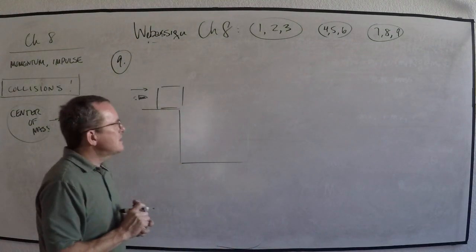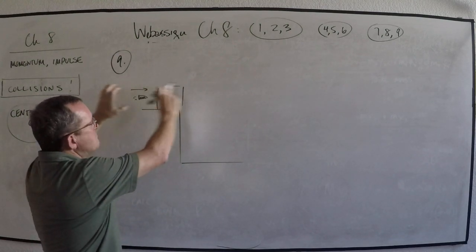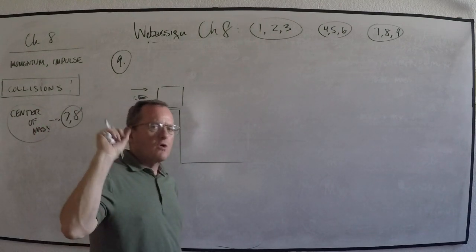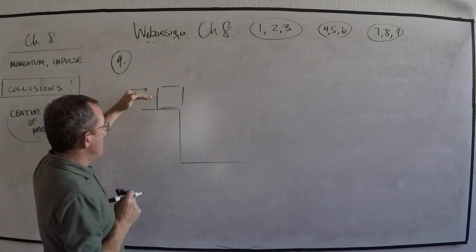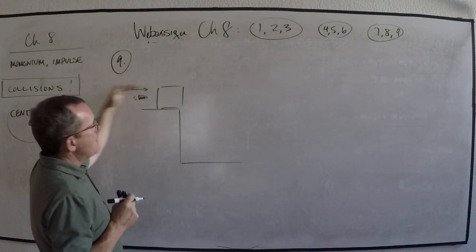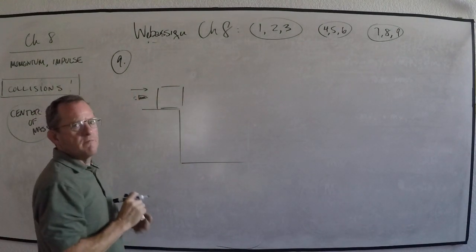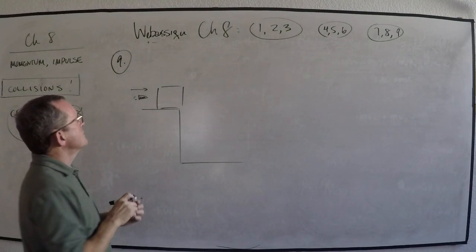So, to qualify as a collision, the 2 objects, when they collide, they have to both be free to move in response to that collision. That's what qualifies a collision. This bullet, free to move, right? The block, free to move. This is a collision, just like our train cars, just like the blocks in problem 4, just like the sticky clay in the block. Those all qualify as collisions.